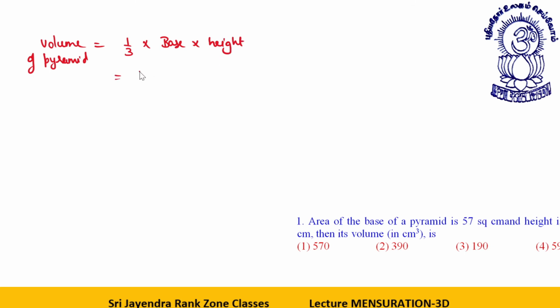So this will be 1/3. What is the base area? The base area is given to you as 57 and height is given to you as 10. So this is 570 by 3, or you can say 190 centimeter cube. This is your answer.